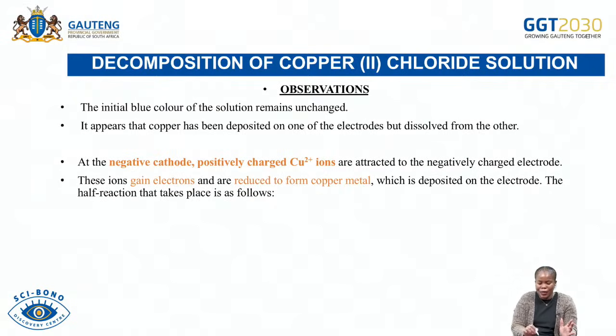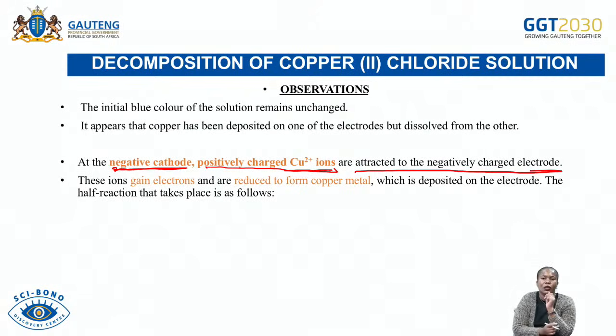Now, at the negative electrode, we call it a negative electrode because it is attached to the negative terminal of the battery. The positively charged copper ions are attracted to the negatively charged electrode. These ions then gain electrons, because that is where reduction takes place.